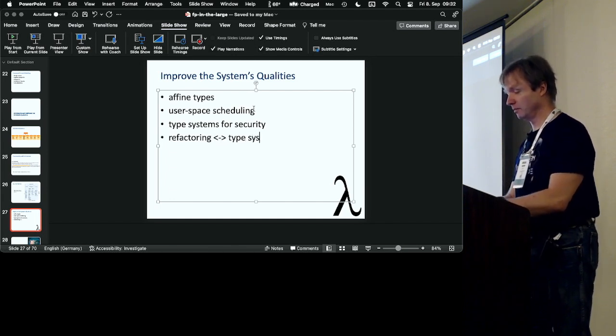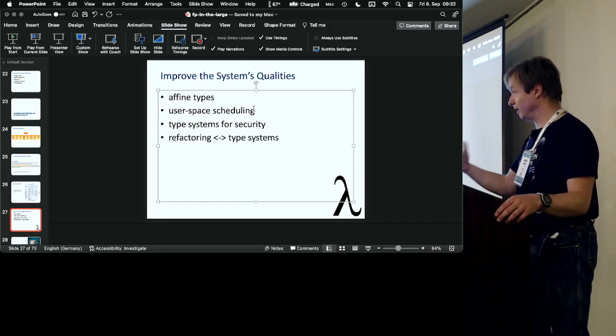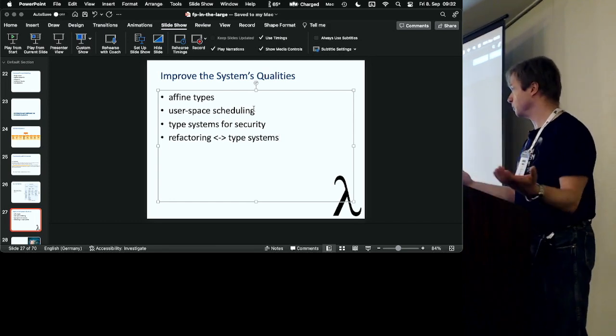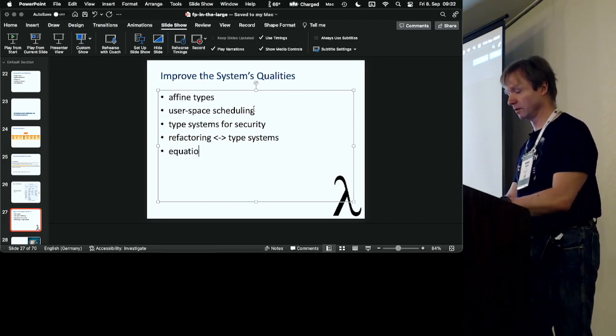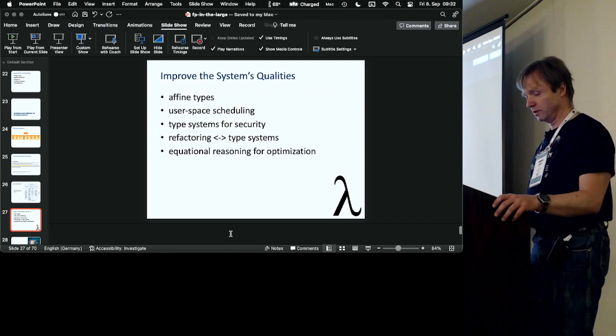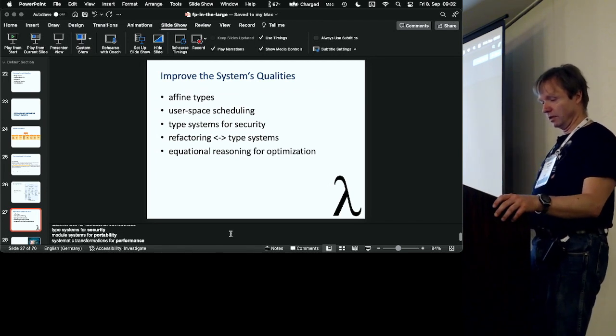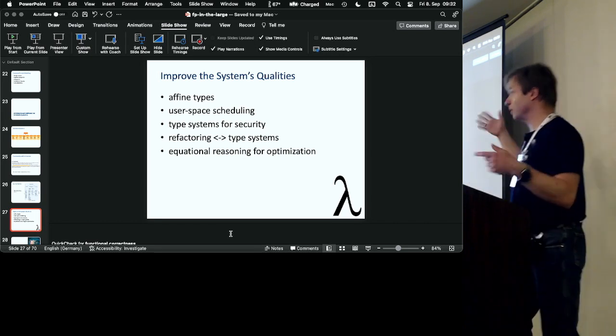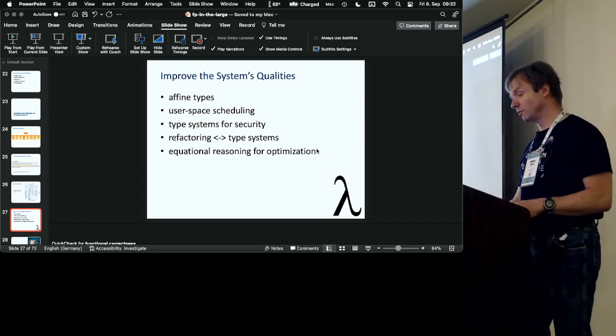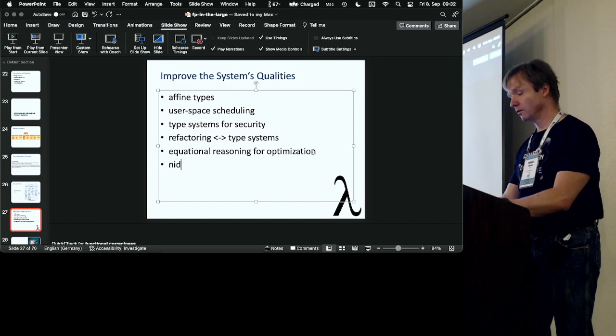Refactoring, type systems. Okay. Generally, having equational reasoning for optimization is something that we've been doing, right? Equational reasoning. Right, that's certainly something. Let's see, I have a list here. I was going to say that module systems actually help with something that in this taxonomy is called portability. So they're going to show up here again.